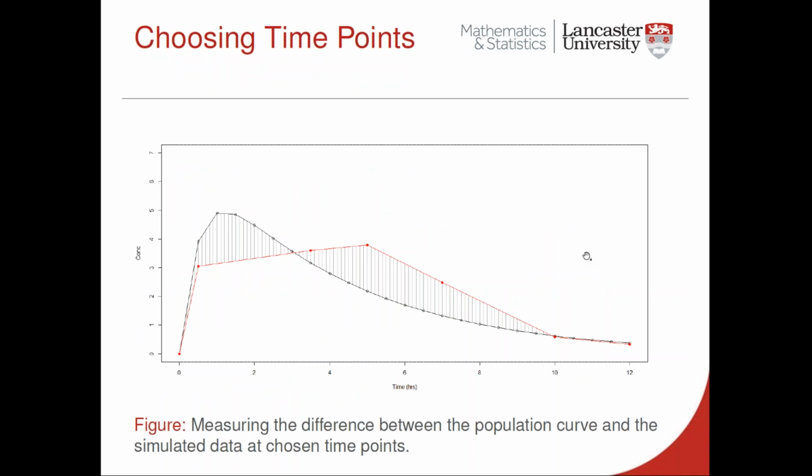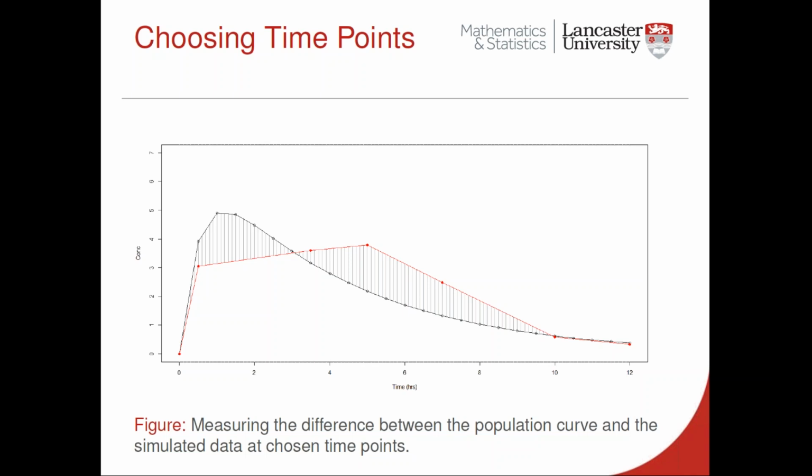So more specifically, here in this illustration, you can see in black my assumed underlying non-compartmental time concentration curve, while in red you can see the possible deviations if I use 6 time points past 0.